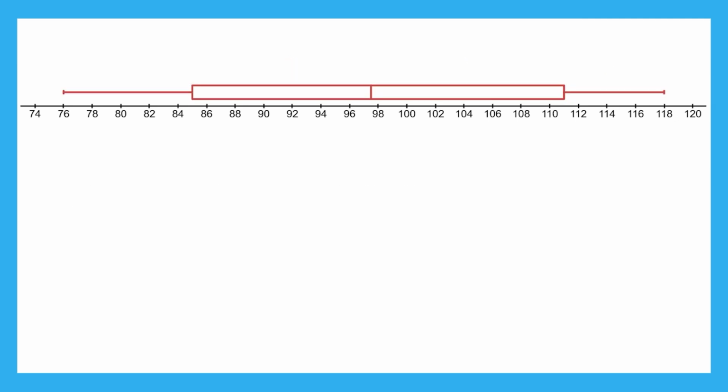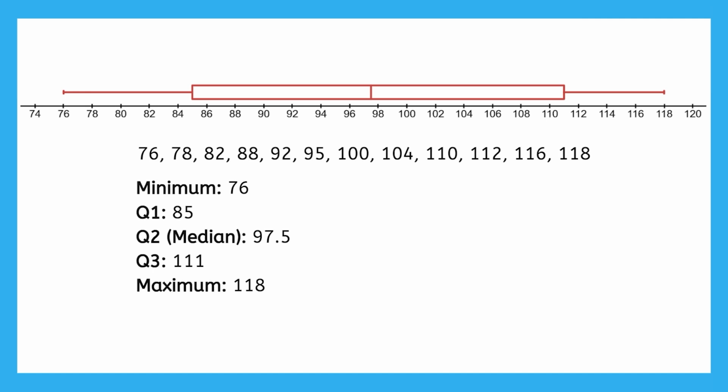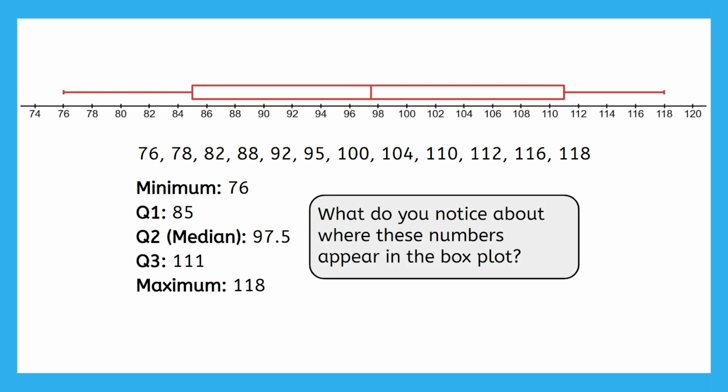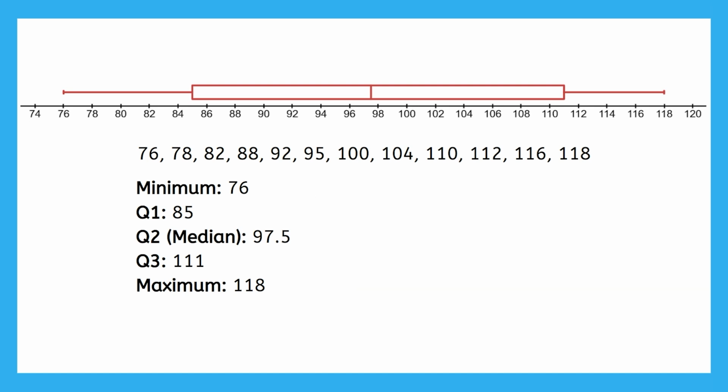In your warm-up activity, you've already found the minimum, Q1, median, Q3, and maximum, also called the 5-number summary. What do you notice about where these numbers appear in the box plot? Where did you see these numbers show up in the box plot?